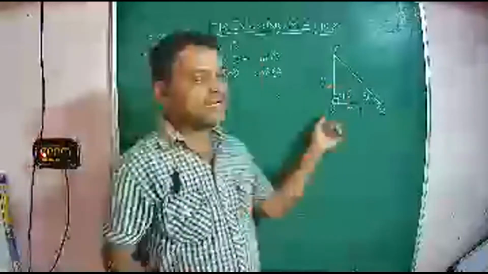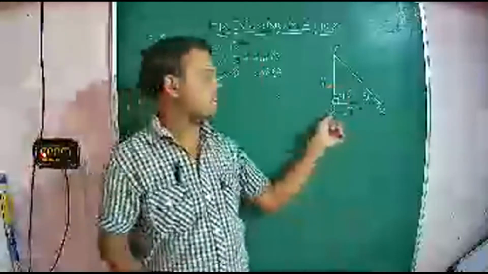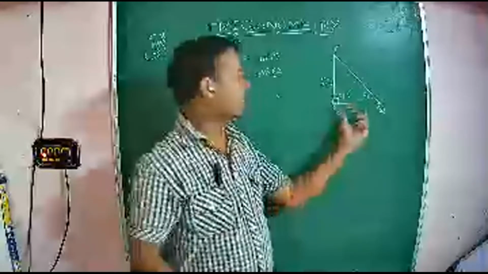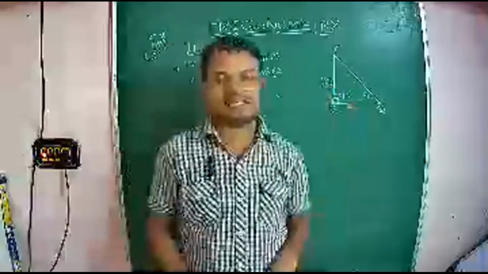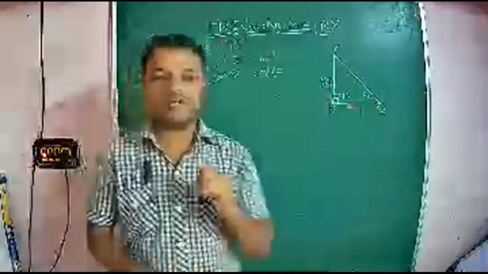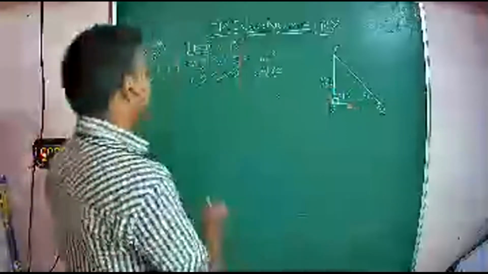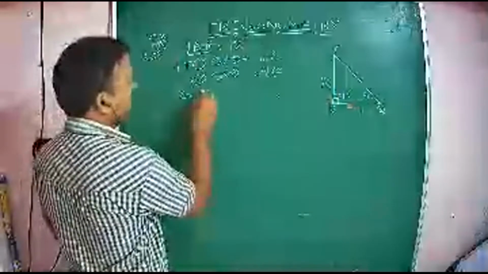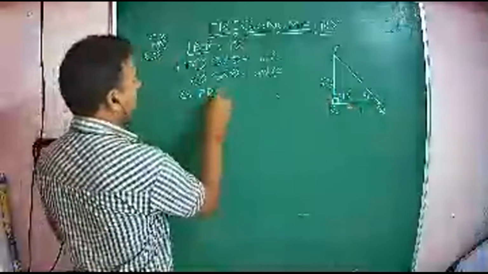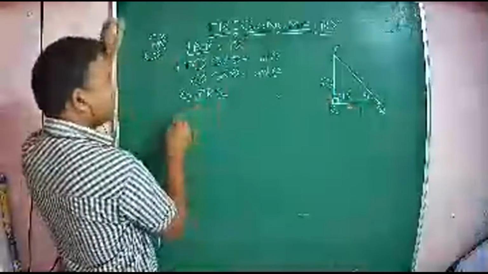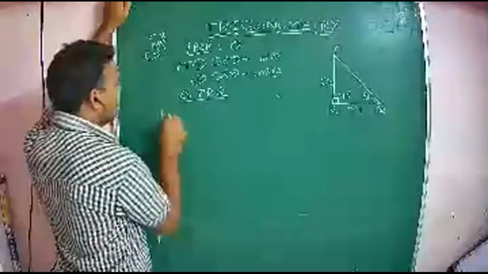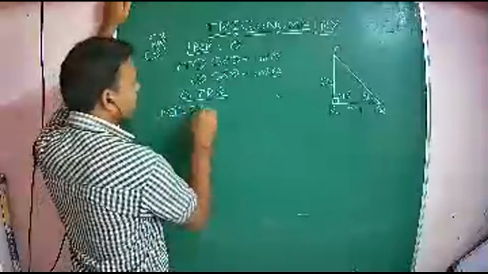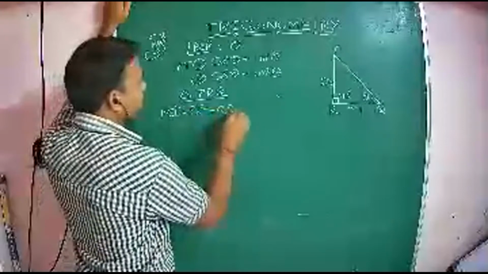The right angle at R, acute angle at Q. Now here adjacent side and opposite side will be there. You need to find out the hypotenuse. How do we find the hypotenuse? In triangle PRQ, the hypotenuse PQ square is equal to PR square plus QR square.